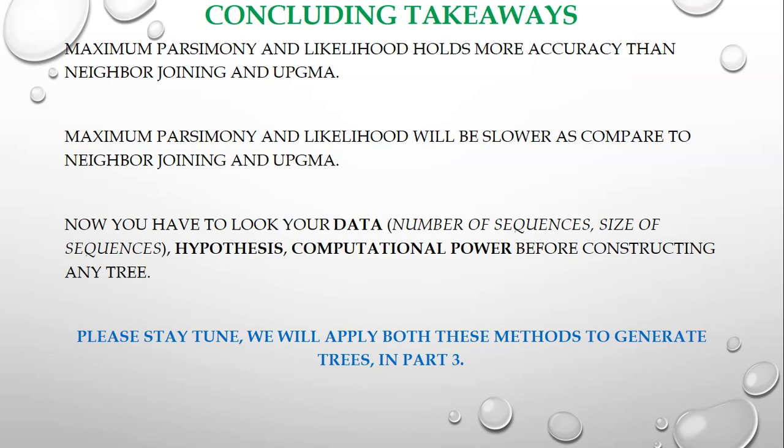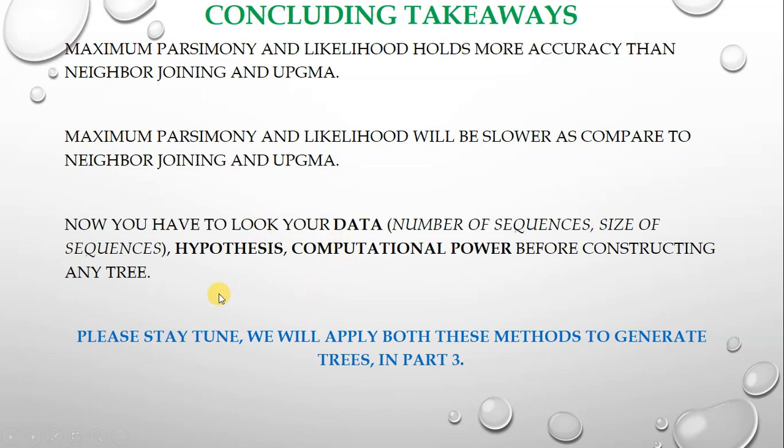But remember, maximum parsimony and maximum likelihood will be slower compared to neighbour-joining and UPGMA. So if you want your data to be treated faster, then I think neighbour-joining and UPGMA is the better option. But if you want more accuracy, then it will be slower, because as I told you, maximum parsimony and likelihood will generate many trees and will give you the optimal tree.